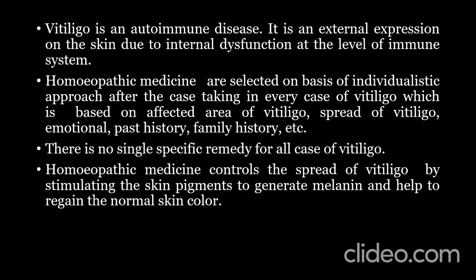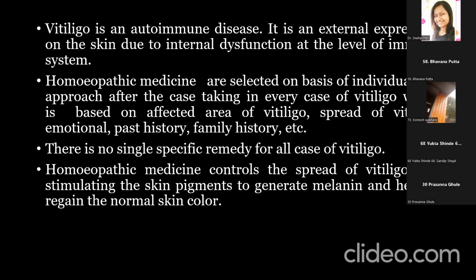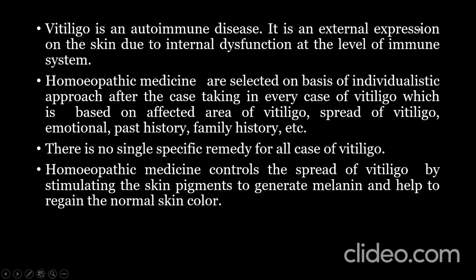Homeopathic medicines are selected on the basis of an individualistic approach, after the case taking in every case of vitiligo, which is based on affected area of vitiligo, spread of vitiligo, emotional state, past history, family history, etc. There is no single specific remedy for all cases of vitiligo.